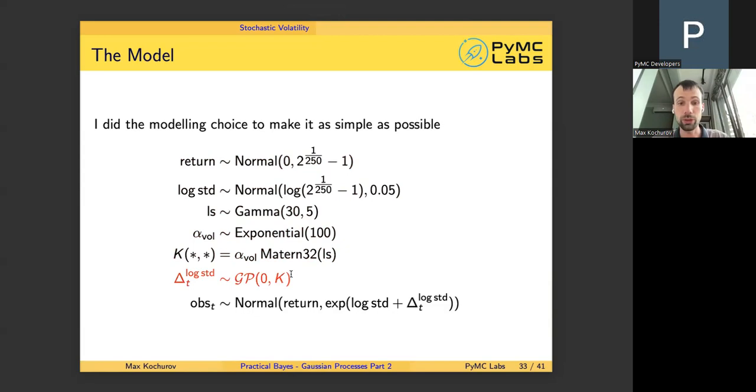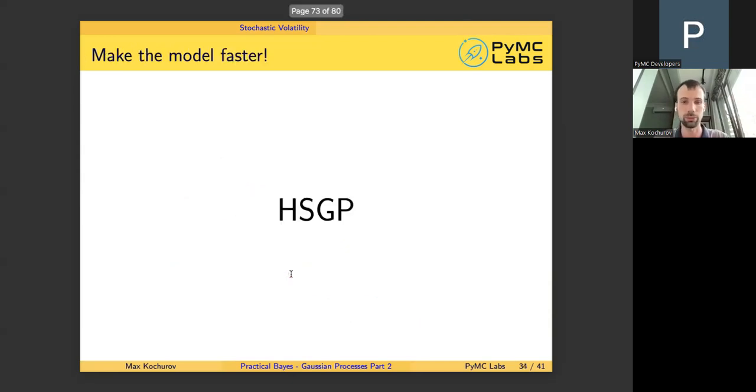Well, to make this faster, we need to think about how to make an approximation that doesn't break anything. And a recent addition to PyMC is the HSGP Gaussian process. Let's find out what this beast is, how it can improve your Gaussian process analysis tool and modeling approach, and how it can help with our example.